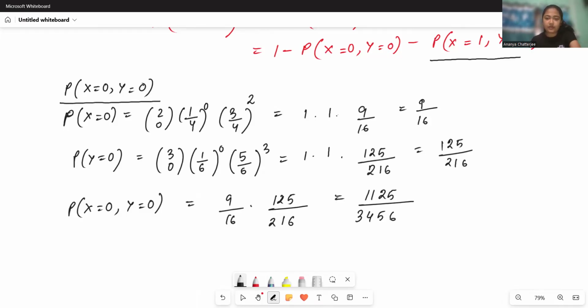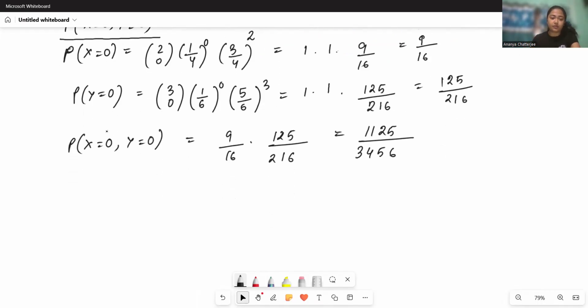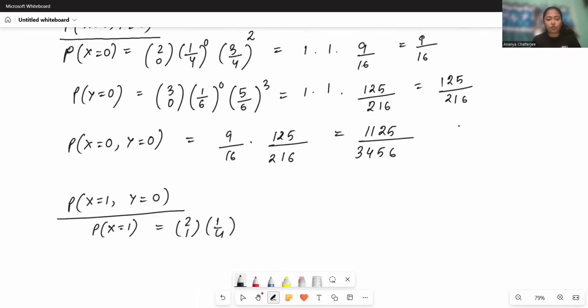Now what we compute is this part, that is probability x equals 1, y equals 0. In a similar manner, probability x equals 1 is 2C1, 1 by 4 to the power 1, 3 by 4 to the power 1. So the value of this is 2 into 1 by 4 into 3 by 4, that is 6 by 16.